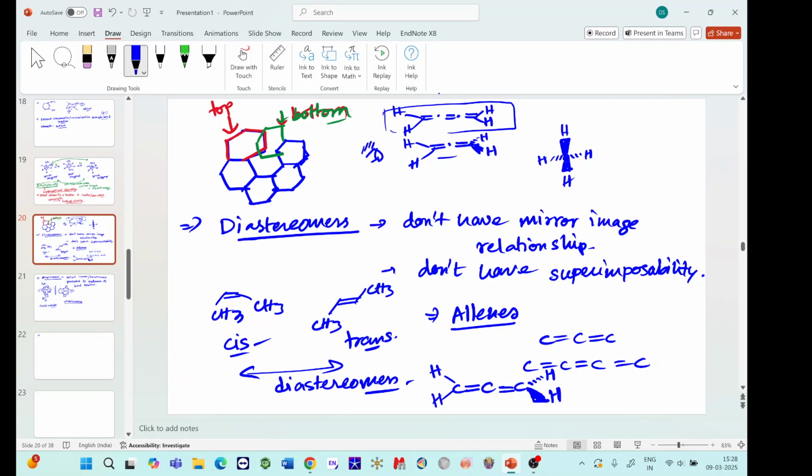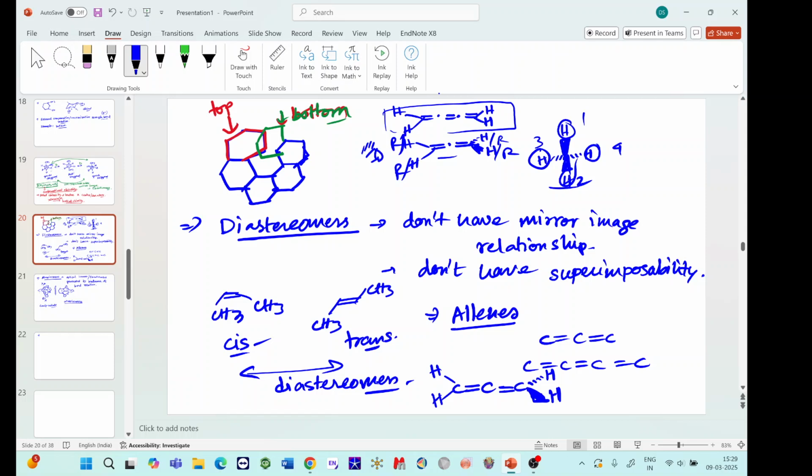Okay, and the numbering will not be the same. So the proton that will be close to you will be numbered first, 1, 2, and then you can number it like this, 3, 4. So just for simple cases I am doing hydrogen, but you can have different R groups present here: carbon, halogen, any group can be present. This is how you should do the RS nomenclature.